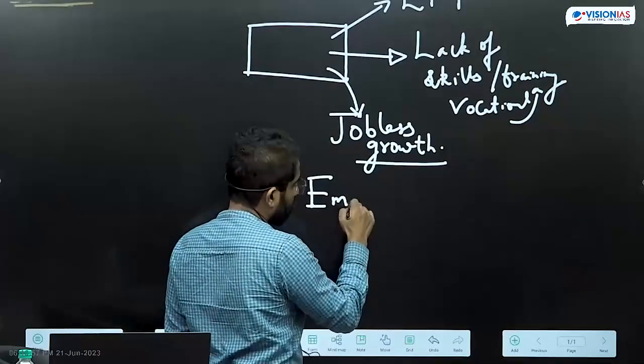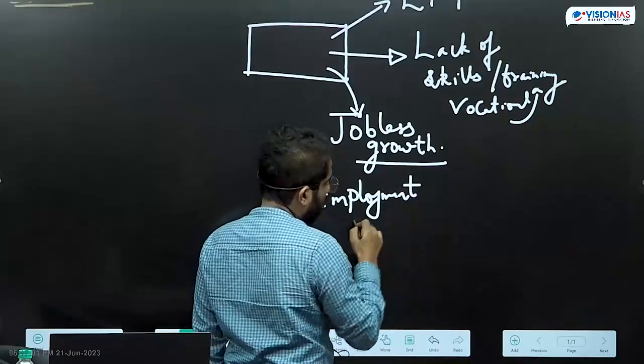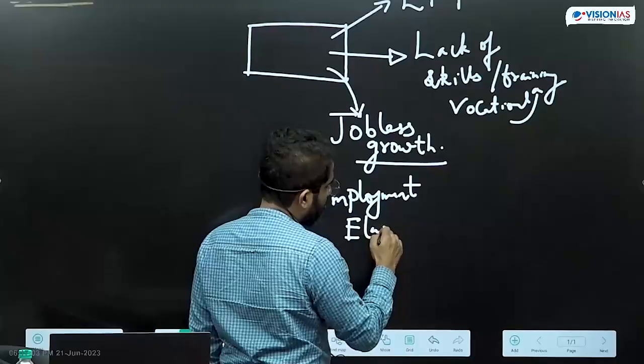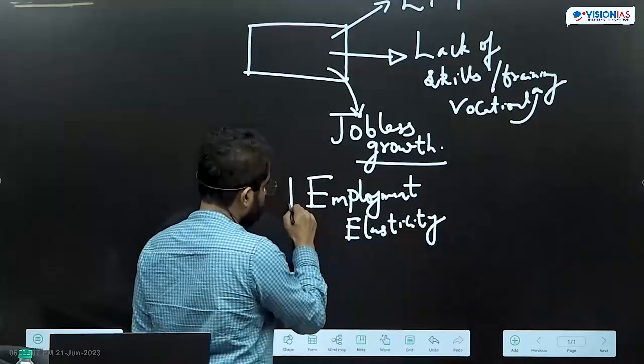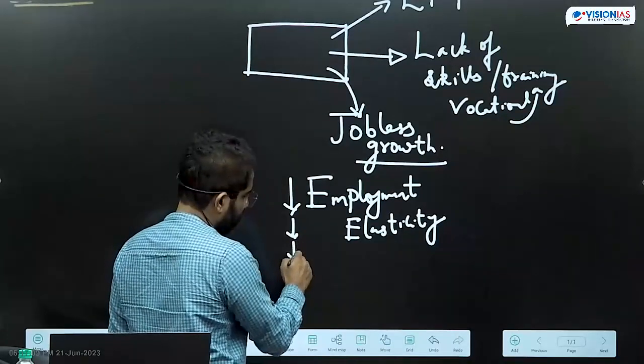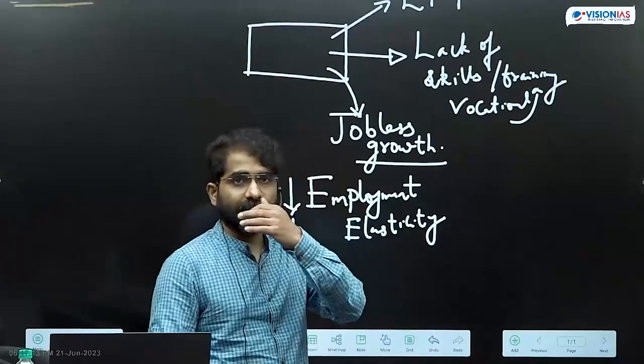Though the economy was growing at 8 to 9% also, the challenge with India is, listen to this concept, that though there is growth, in India's case the employment elasticity started decreasing. Okay, so what is the meaning of employment elasticity? One more concept here.